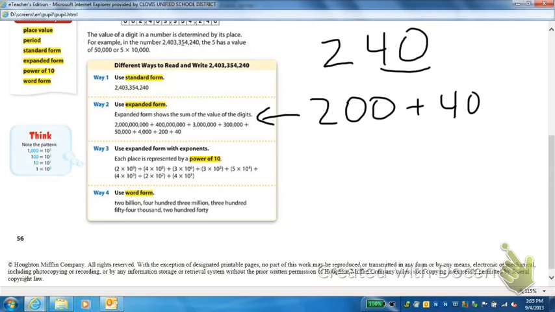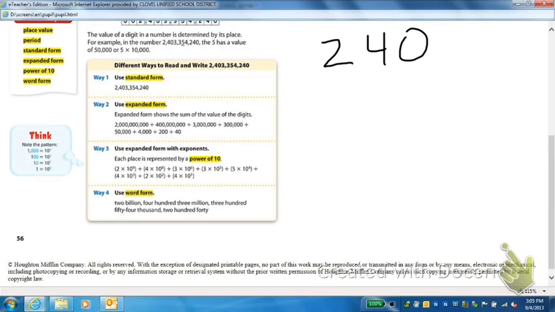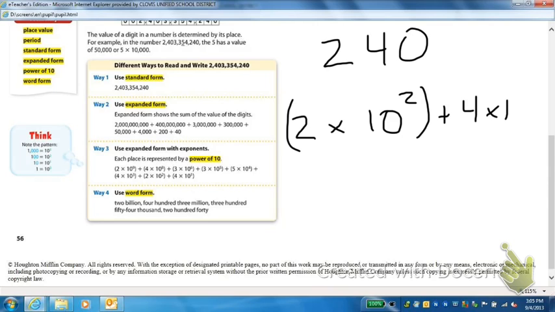Now if we wanted to do it in expanded form with exponents, we're going to take 2 times 10 to the second power plus 4 times 10 to the first power, because 200 has 2 zeros.